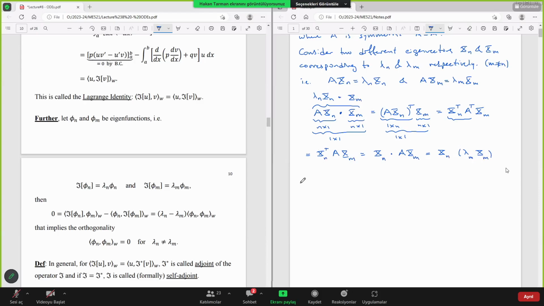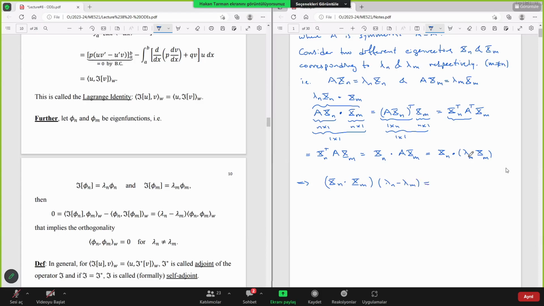Now if you subtract, what do you get? You get xn dot xm, right? And lambdas are scalar. As a factor, you're gonna get lambda n minus lambda m, isn't it?